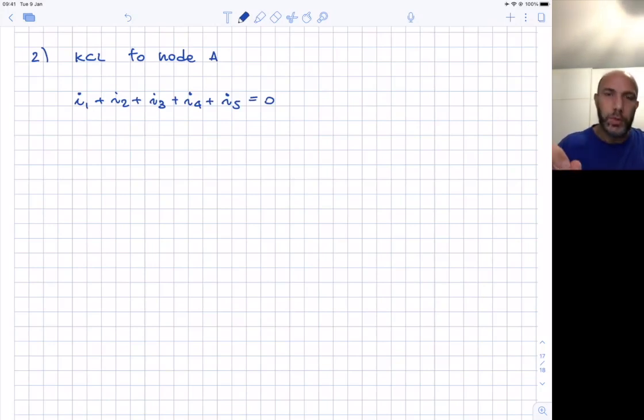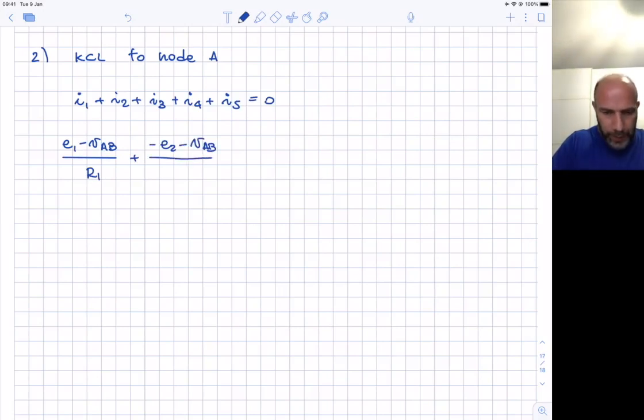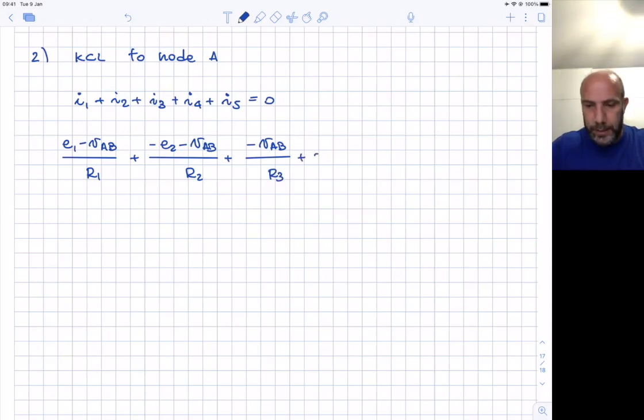And so if we use the results of the previous step, we have (E1 minus VAB) divided by R1, plus (minus E2 minus VAB) divided by R2, plus (minus VAB) divided by R3, plus A1 plus (minus A2) equals 0.